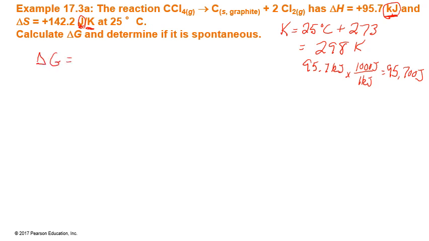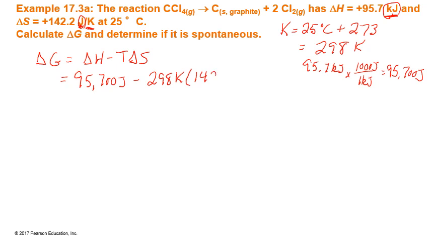So now we can look at our equation and plug in our values. So we got 95,700 joules for our enthalpy minus 298 Kelvin times 142.2 joules per Kelvin.